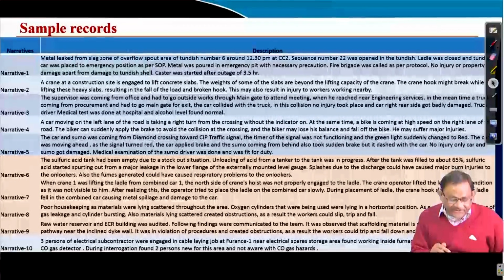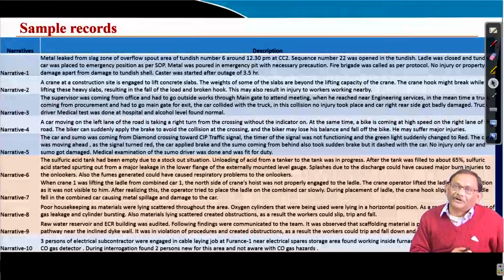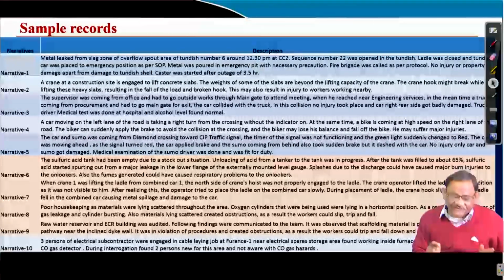Why have I shown these 10 narratives when I am going to discuss only 6, 7, 8 and 9, that means 4 cases? The reason is that these 10 narratives will be used all through the lectures of this week at different times.